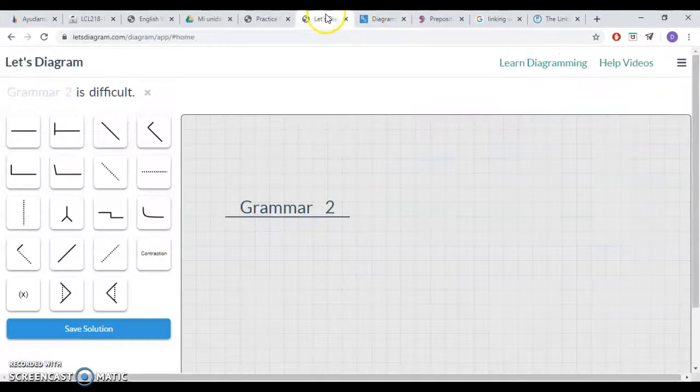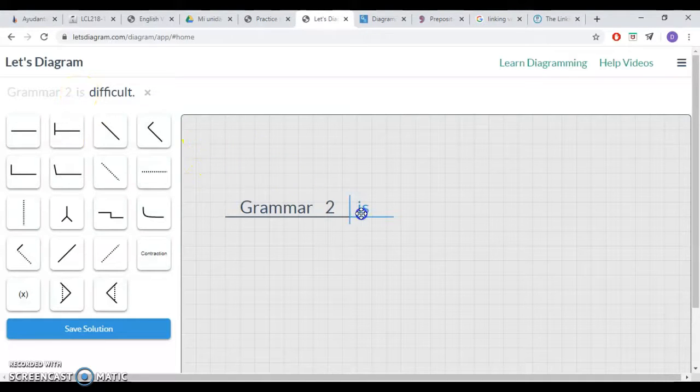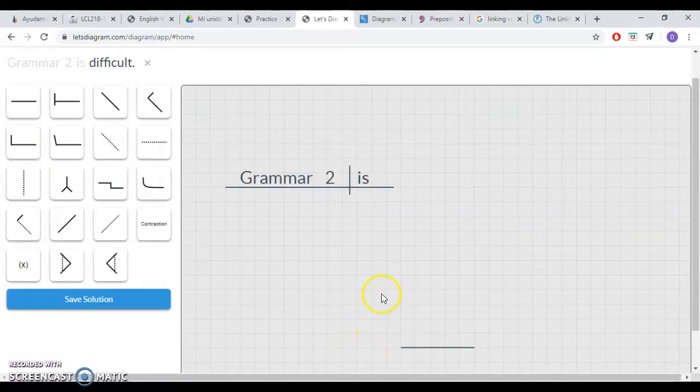Now we're going to do this with our diagram. Grammar to is, so I'm connecting, I'm linking. Remember that this is the line to separate the subject and the verb. Is, I'm going to add another one here.